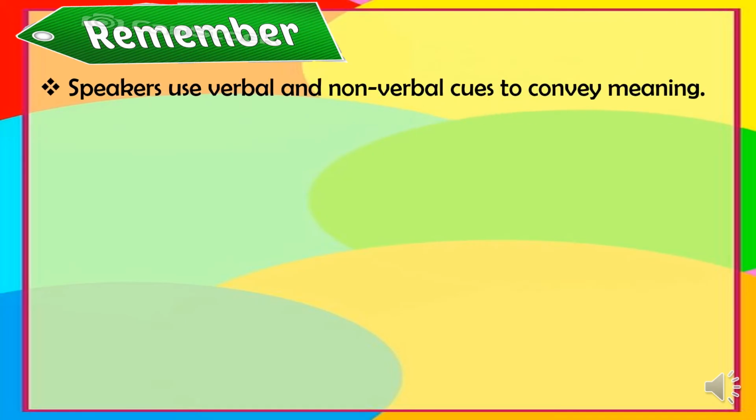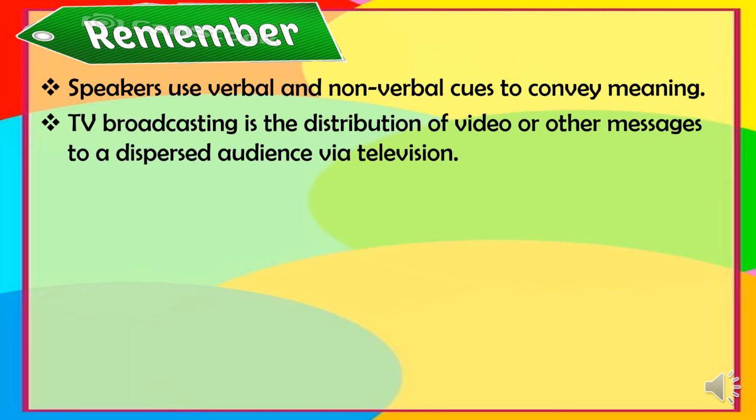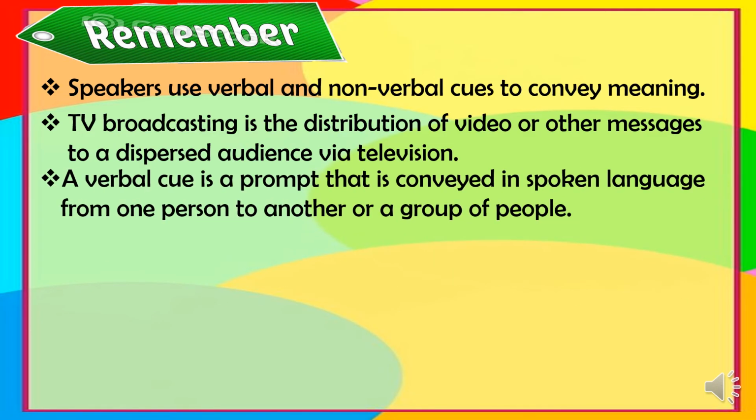Please remember that speakers use verbal and nonverbal cues to convey meaning. TV broadcasting is the distribution of video or other messages to a dispersed audience via television. And a verbal cue is a prompt that is conveyed in spoken language from one person to another or a group of people.